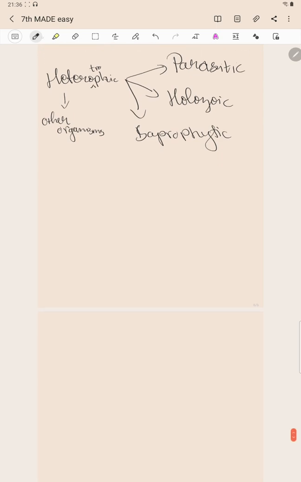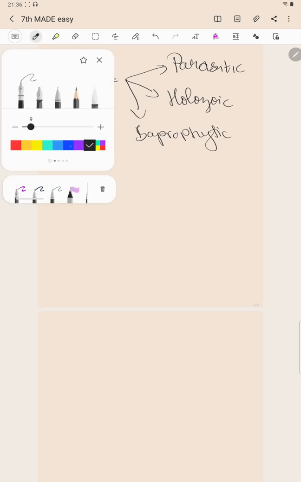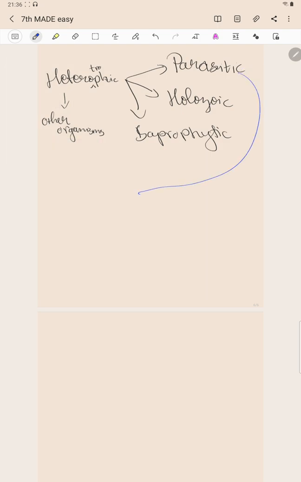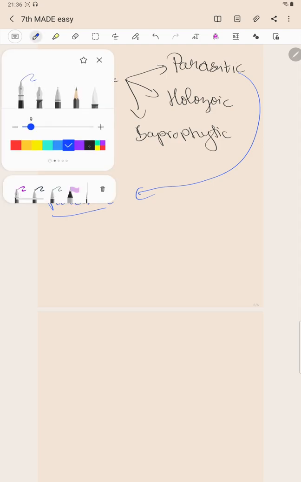Now let's look at the parasitic mode of nutrition. Parasitic mode of nutrition is a heterotrophic mode of nutrition in which a plant depends on the ready-made food from another plant for its growth and survival. It's easy to know this.